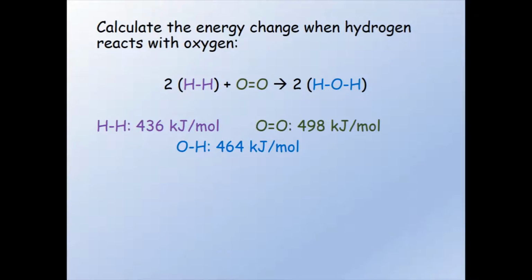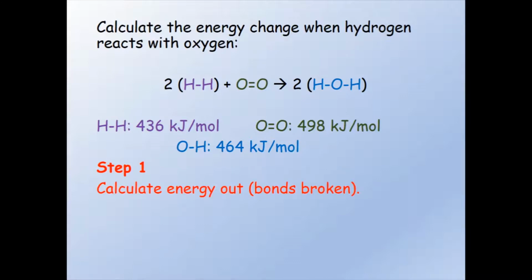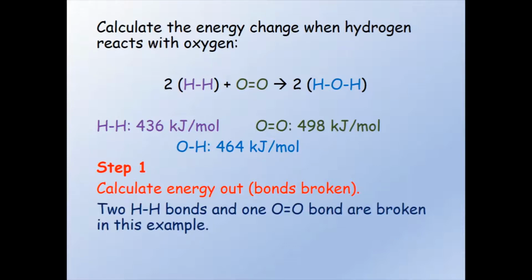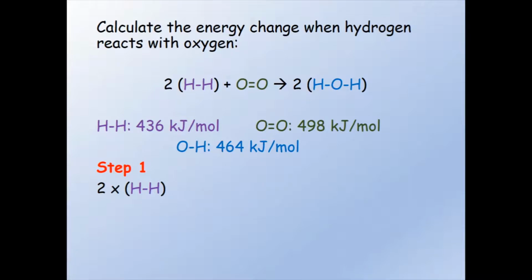Now we are going to look at the first step. Step 1. Calculate energy in, or the energy of the bonds broken. 2 hydrogen-hydrogen bonds and 1 oxygen-oxygen bond are broken in this example. So we have to do 2 times the energy of the hydrogen-hydrogen bond, which is 2 times 436.